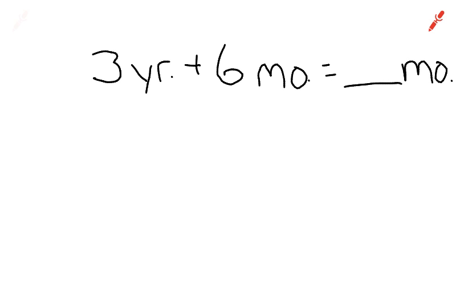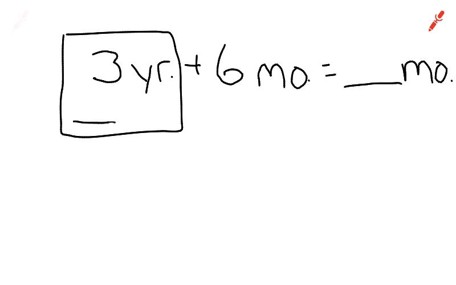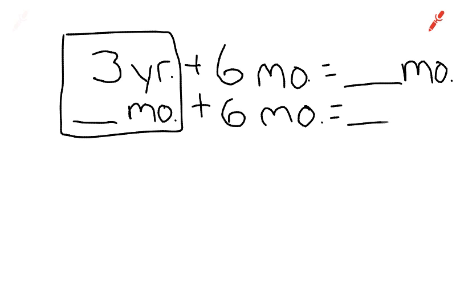Well, since our answer is in months, we need to change everything into months. 3 years needs to be changed into months. Let's bring down our plus sign. 6 months is already in months. So we'll write 6 mo. equals, and then the answer is already in months. So the only work we're doing right now is changing 3 years to months.